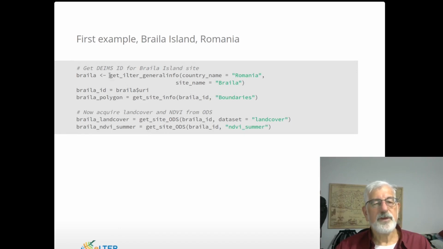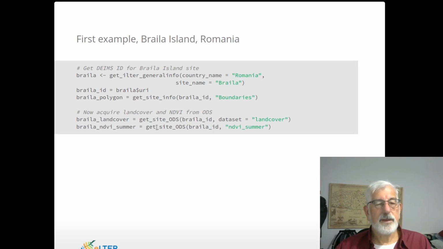We do the same procedure, get eLTER general info with the country name and site name, and then we pull out the DIMES URL using the $URI subset, and we get the DIMES ID for that site. Now we use getSiteInfo to query that DIMES URL and ask for boundaries. That will give us back the Braila polygon.